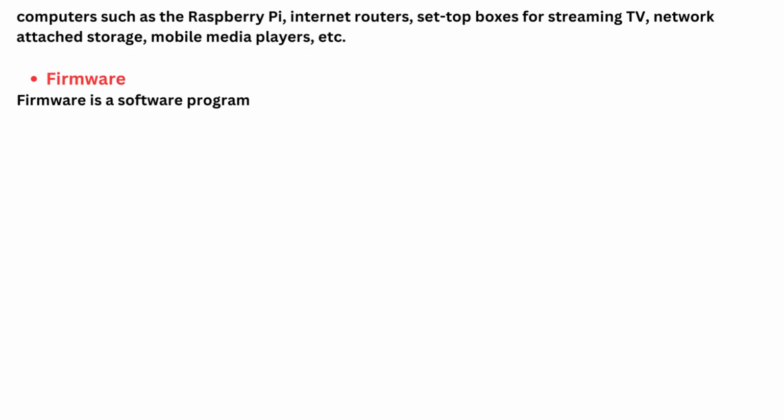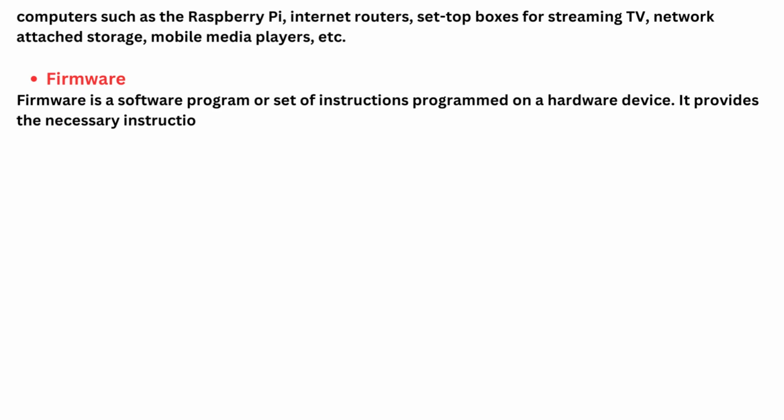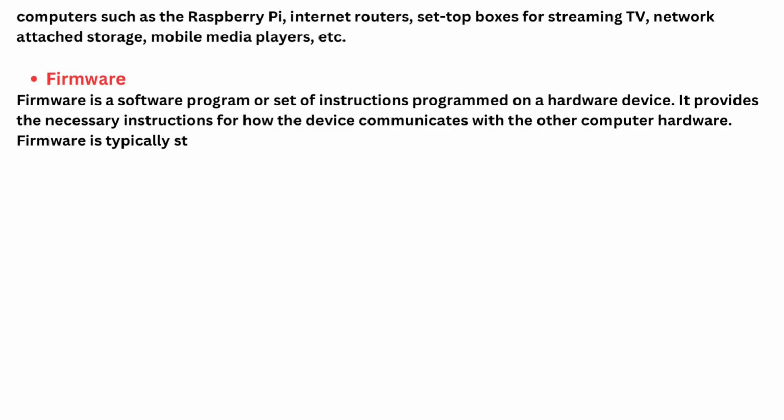Firmware. Firmware is a software program or set of instructions programmed on a hardware device. It provides the necessary instructions for how the device communicates with the other computer hardware. Firmware is typically stored in the flash ROM (read-only memory) chip of a hardware device.